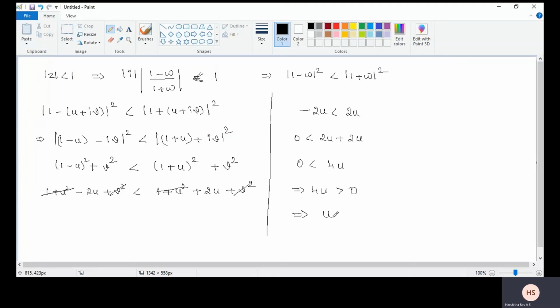That implies u is greater than 0. Therefore, u greater than 0 is the image of mod z less than 1. This is the solution.